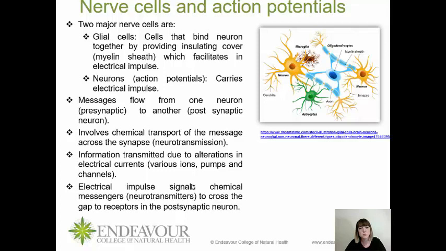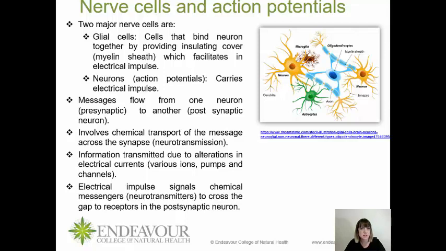In the nervous system, we've got the neurons themselves, and then we also have glial cells. The glial cells are the cells that support the neurons, providing insulating myelin sheath, providing a safe environment for the neurons to exist in.